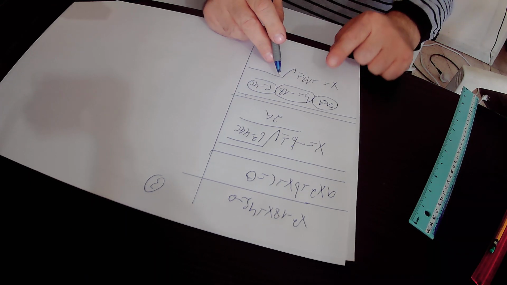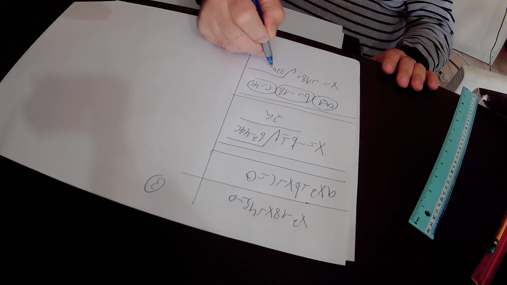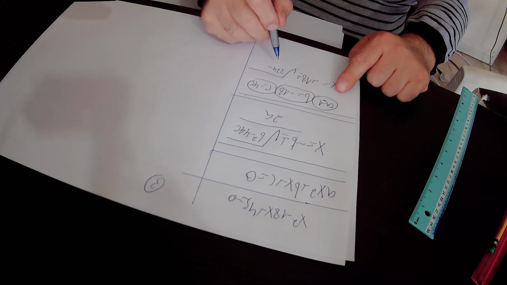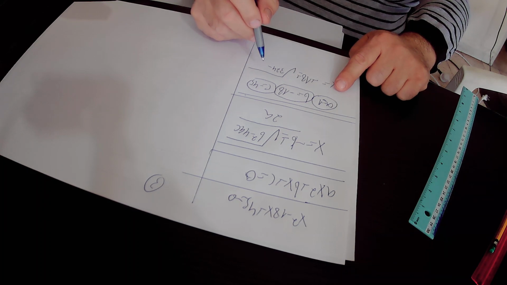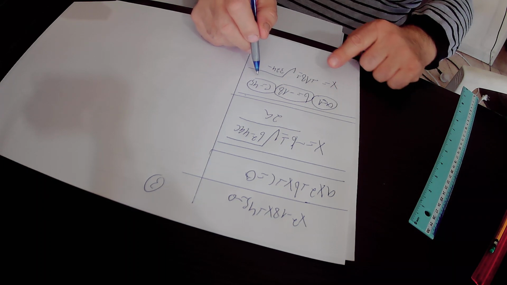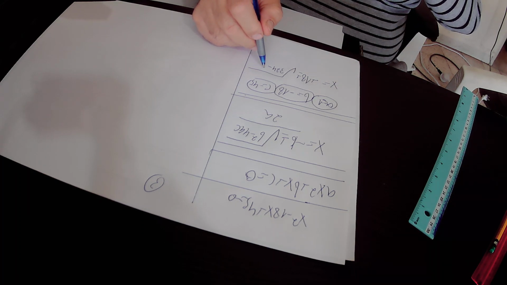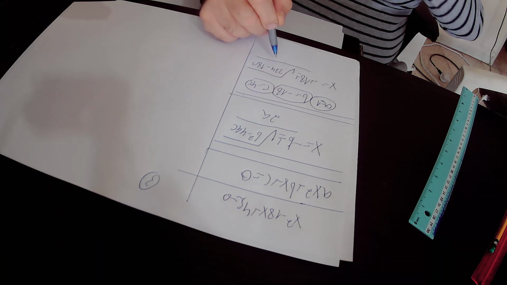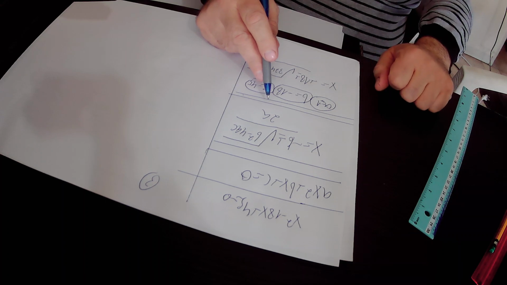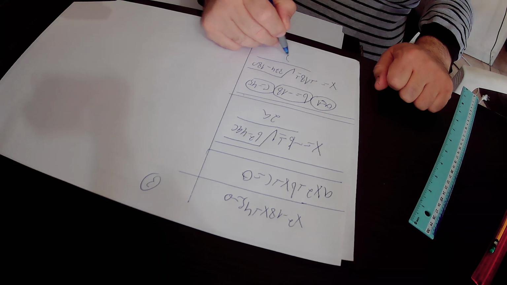B is minus 18, therefore b squared is minus 18 squared, that is 324, minus 4 times a, which is 1, so minus 4 times 1 is minus 4, and minus 4 times c, that is 45, so minus 4 times 45 is minus 180, divided by 2a. A is 1, so 2a is 2 times 1, that is 2.